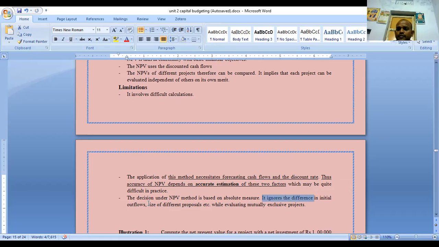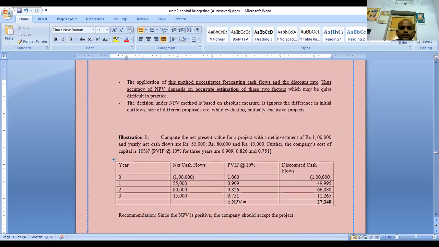Because two projects have different investments and size of the proposal, while evaluating mutually exclusive projects. So this is also one of the limitations of the net present value method.